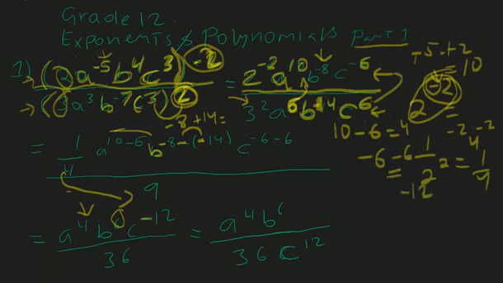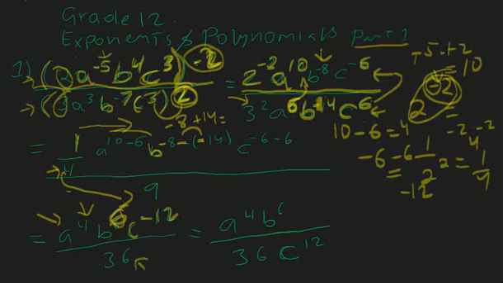So we have here also -12. And you multiply numerator is 1 here, and when you multiply all this, no change. So you will have the same here, a to the 4th, b to the 6, and then c to the -12. 4 times 9 is 36.